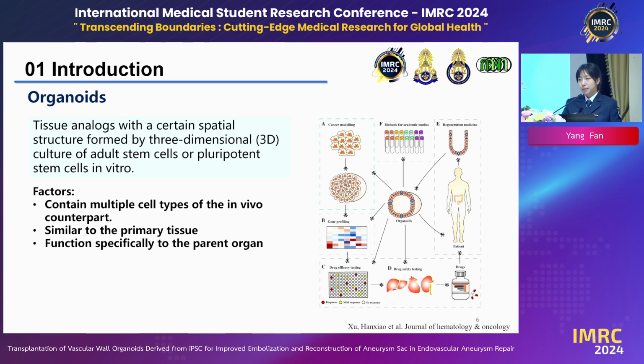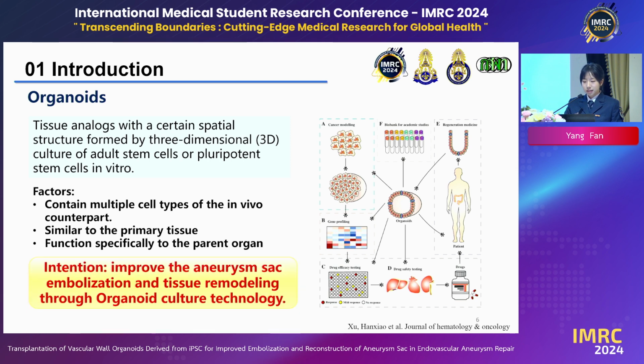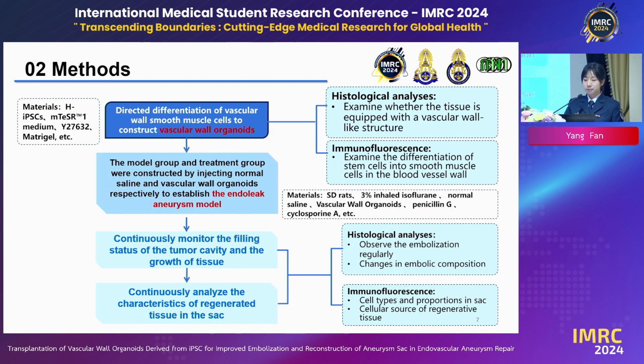Thirdly, it functions specifically like the parent organ. Because of these characteristics, the technique has been applied to many fields like cancer, regenerative medicine, and precision treatment. Inspired by this, our intention is to improve the aneurysm sac embolization and the tissue remodeling through organoid culture technology.